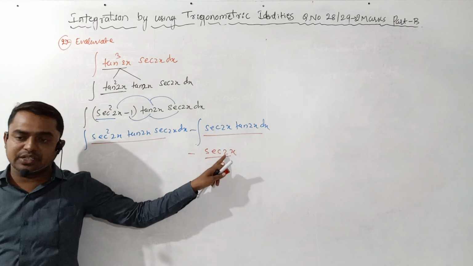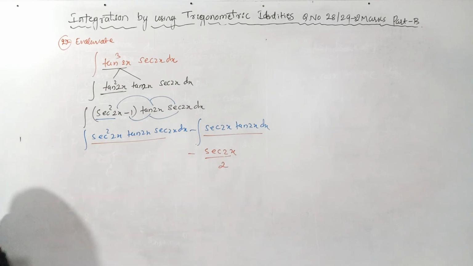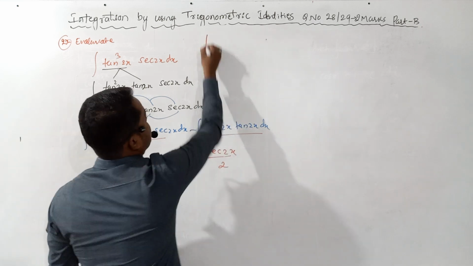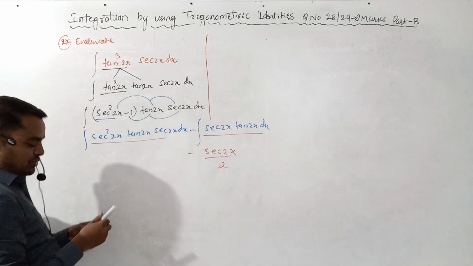But the coefficient of x is 2, so divided by 2. To evaluate the first integral, we use the substitution method. So what substitution do we have to take? I am writing the substitution here. Put sec 2x is equal to t.